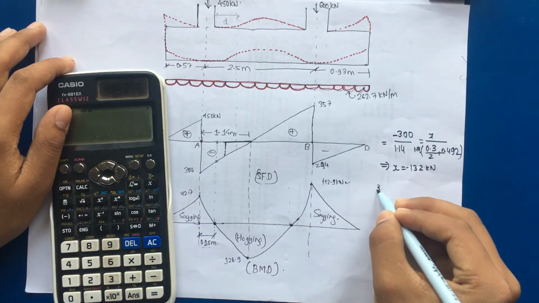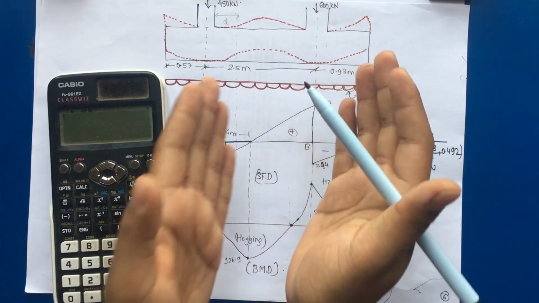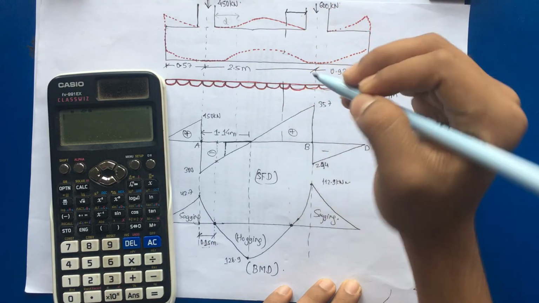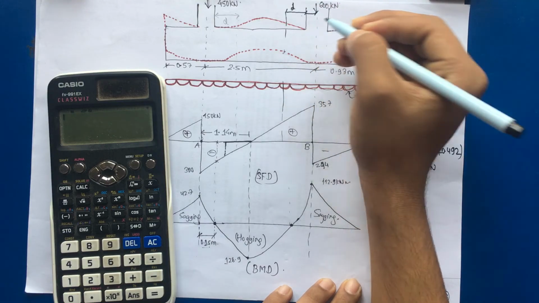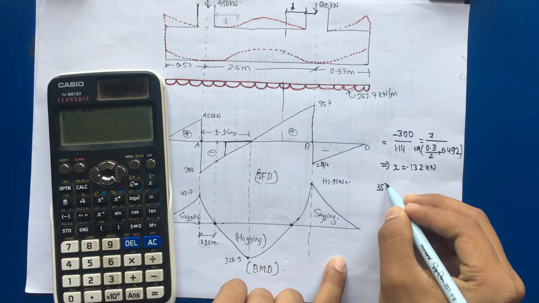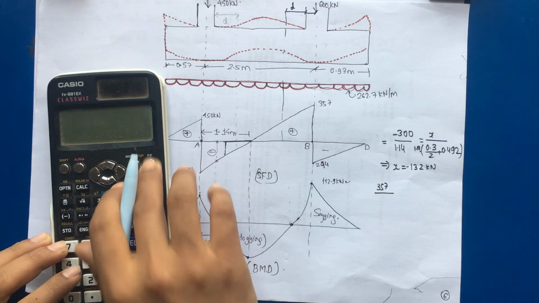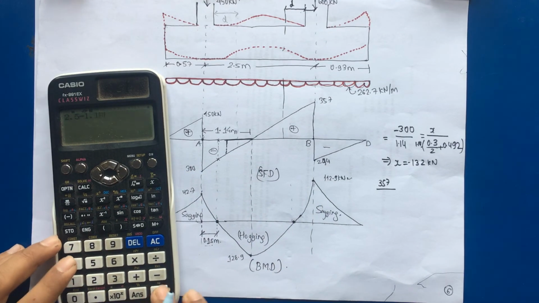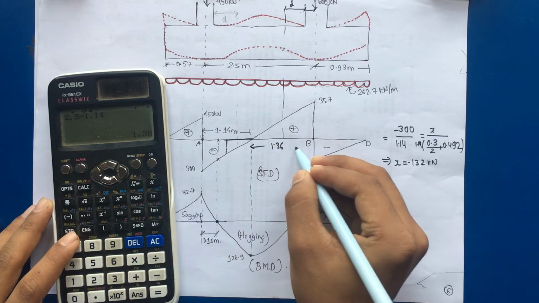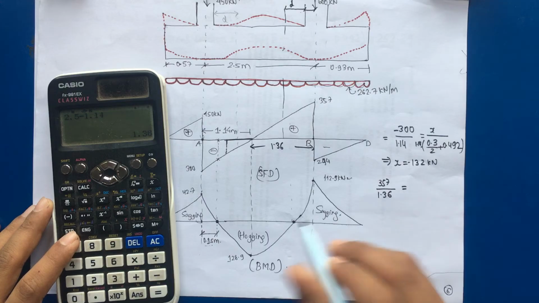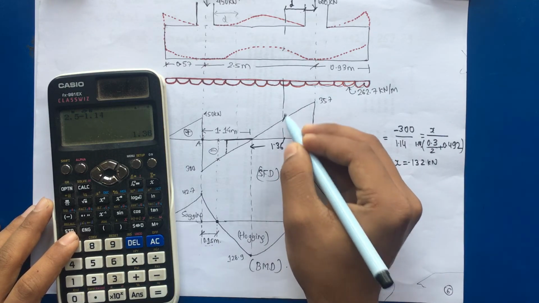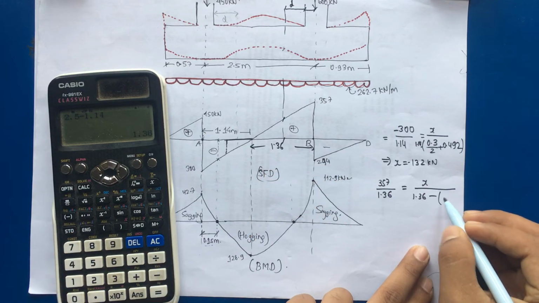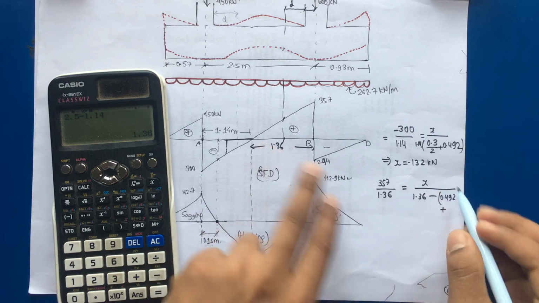So let me compute. Suppose the critical section is at distance d plus, so the face of the column, okay, don't get confused, so the shear force at a distance d, and this will include d plus half of the column width, so 357, and this length is 2.5 minus 1.14, so this is 1.36, is equal to, considering this as x, 1.36 minus this, which is 0.492 plus 0.4 by 2.